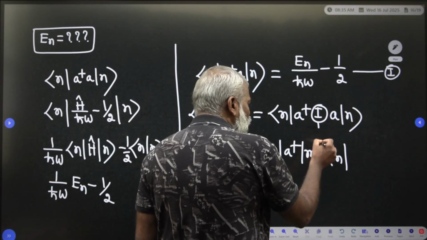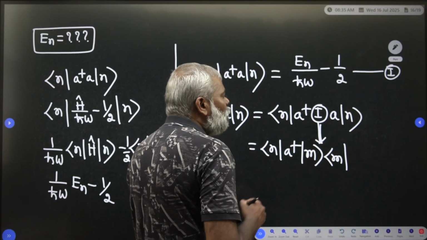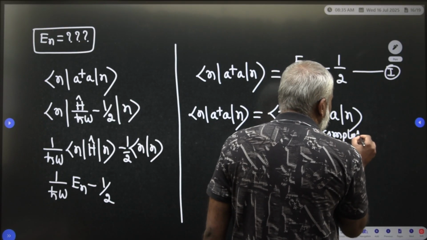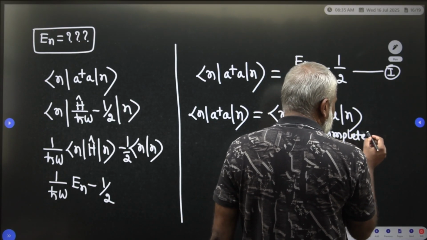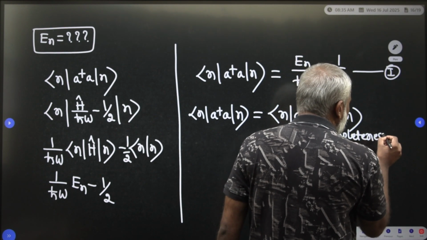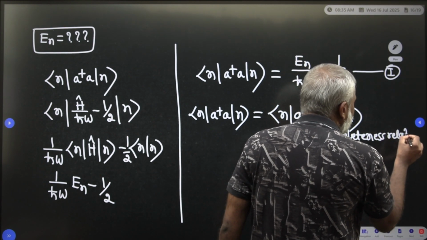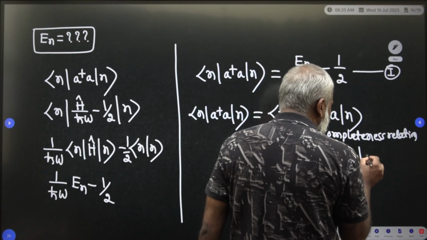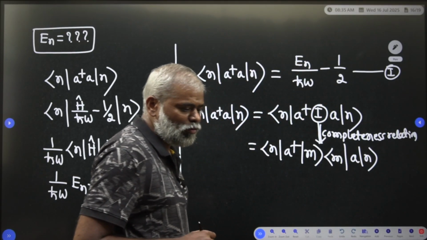This relation we call the completeness relation, which we already discussed in the postulates of quantum mechanics. Once you take the completeness relation into ket n, we have to write it.